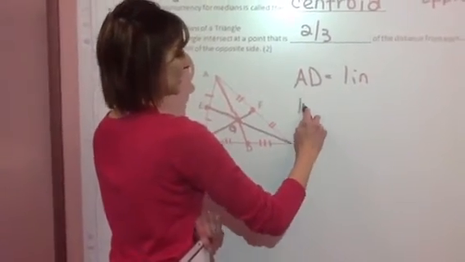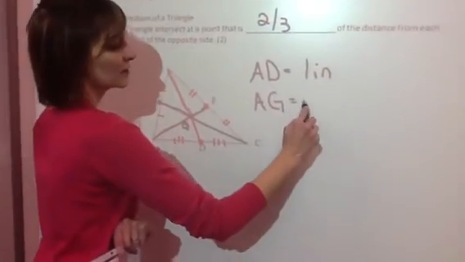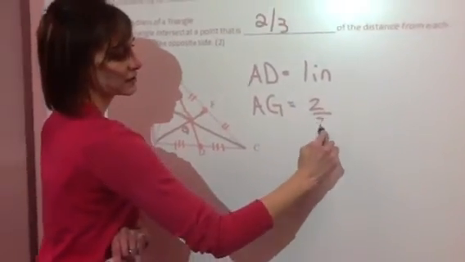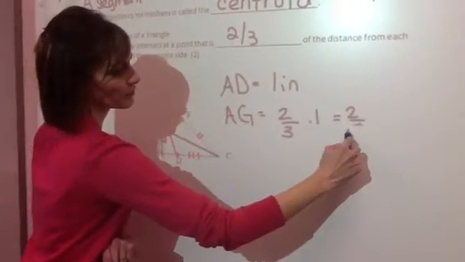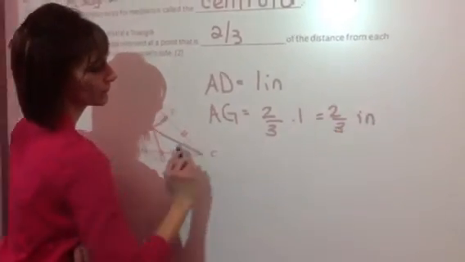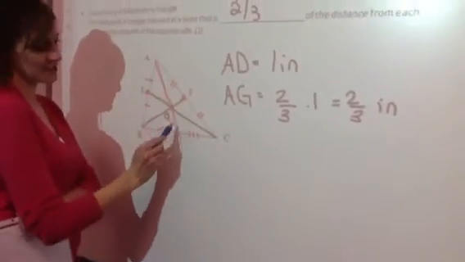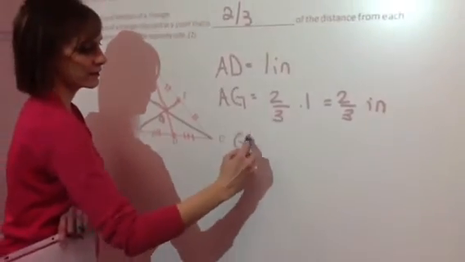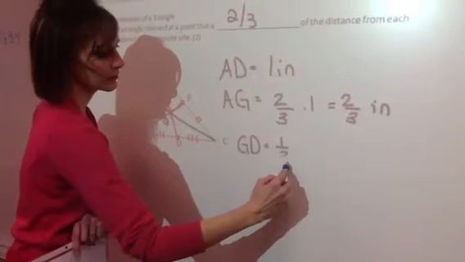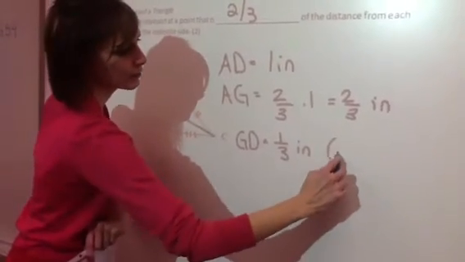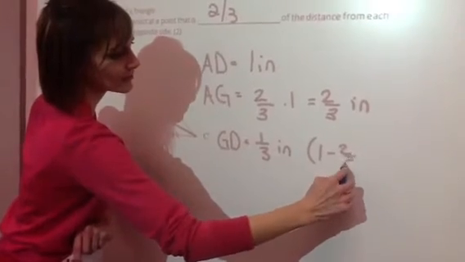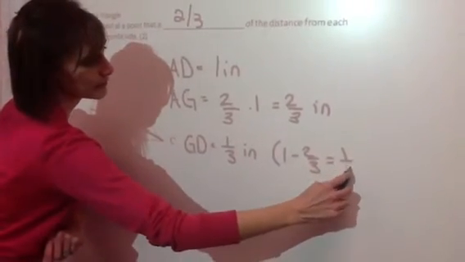Then that means that the length from A to G is 2/3 of 1, which is just 2/3. Then to find the length from G to D, that's going to be 1/3 of an inch. And the reason is because 1 inch minus 2/3 of an inch is 1/3.